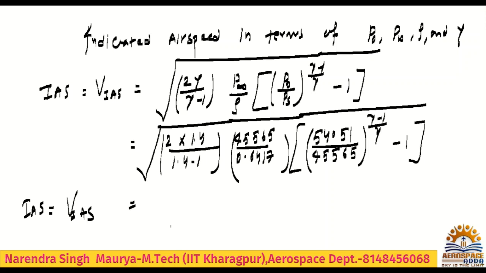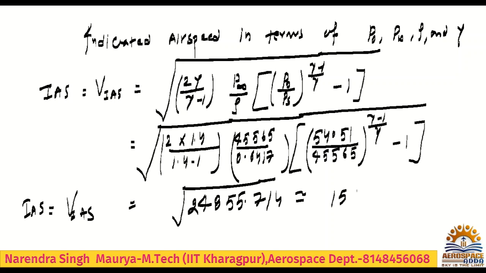This is nothing but, in root, how much? 24855.714, this value is approximate. You just check how much it is. 157.65 meter per second.